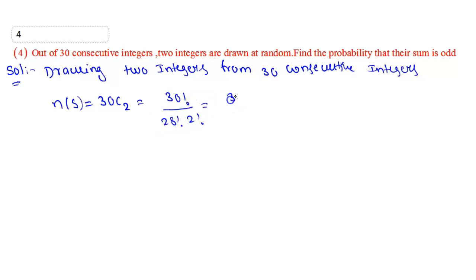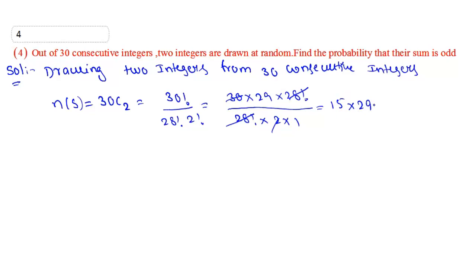This is equal to 30 into 29 into 28 factorial by 28 factorial into 2 into 1. Here I can cancel 28 factorial, and the 2 ones are 2, 15s also get cancelled out. So the leftover value is 15 into 29. That is n of S.